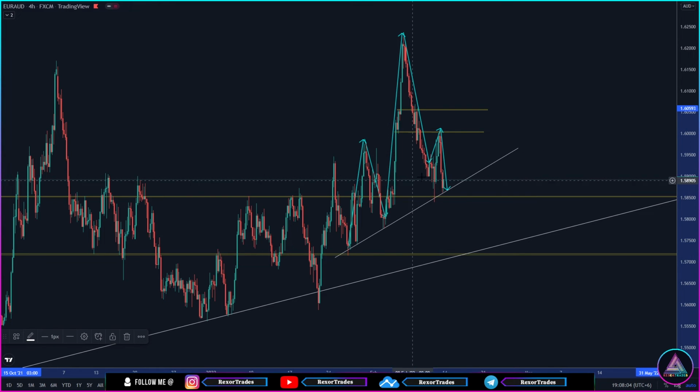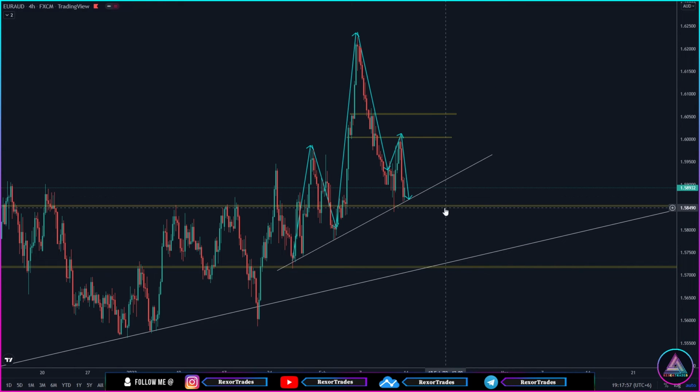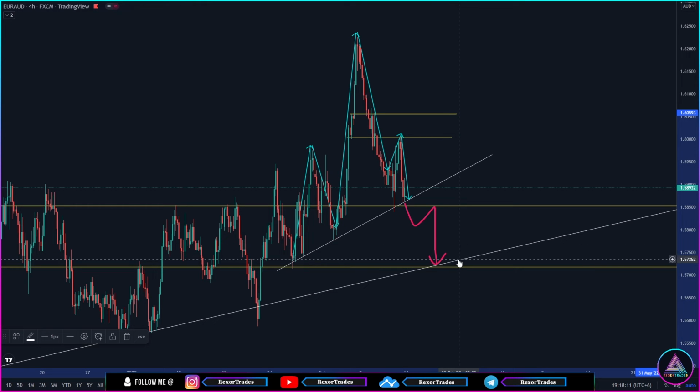So what you can do right now is, if EURAUD makes a break and close below this key zone with further bearish move, then you can look for trades on the short side in hopes of EURAUD reaching all the way to retest this key zone and also make a retest on this uptrend line as well.